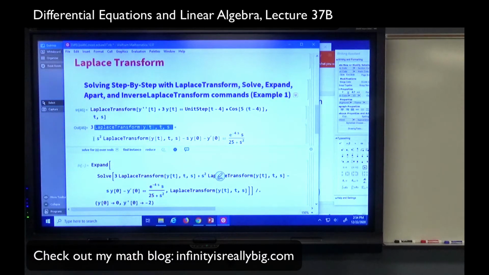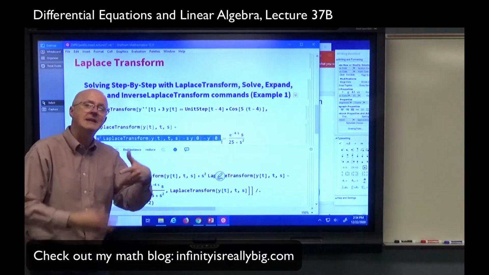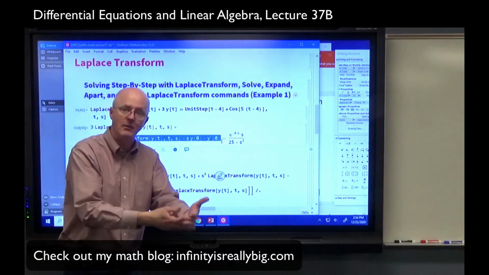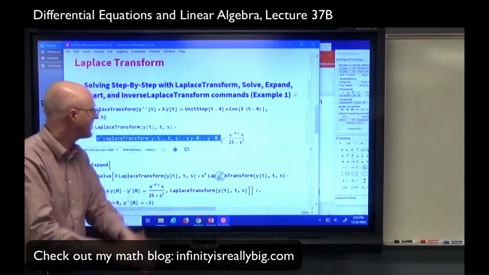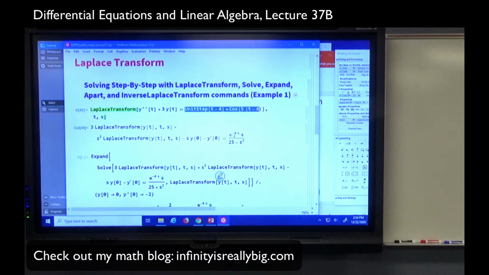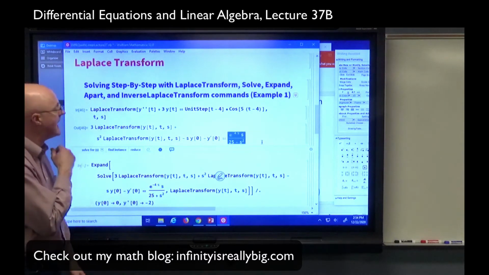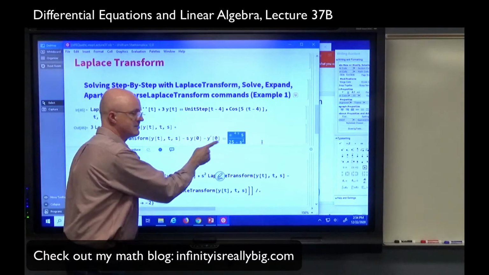This part right here, s squared times the Laplace transform minus s times y of 0 minus y prime of 0 is the Laplace transform applied to y double prime, and using how Laplace transforms affect derivatives. We've talked about that before. And on the right side, you take the Laplace transform of this thing, use the shifting on the s-axis property, the t-axis property, you will get this expression right here.